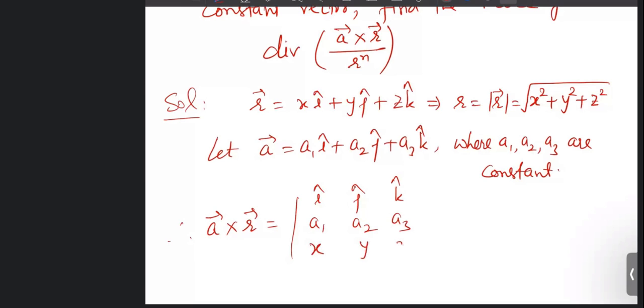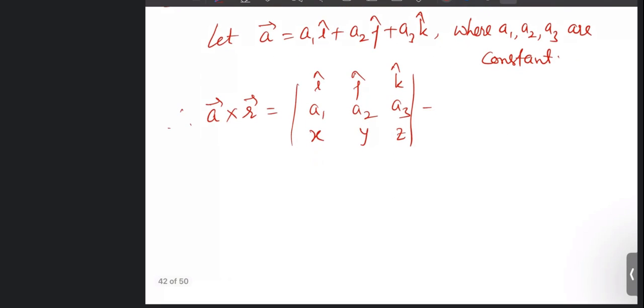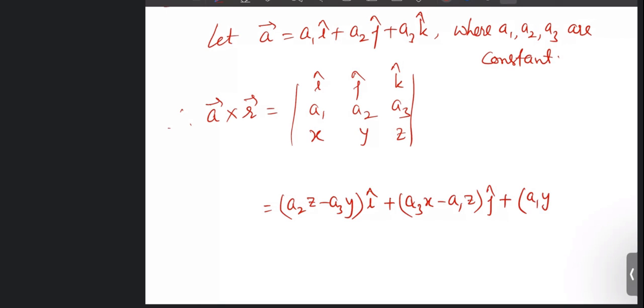Expand this determinant, which is equal to i times (a2z minus a3y), plus j times (a3x minus a1z), plus k times (a1y minus a2x). This will become the A cross R vector.